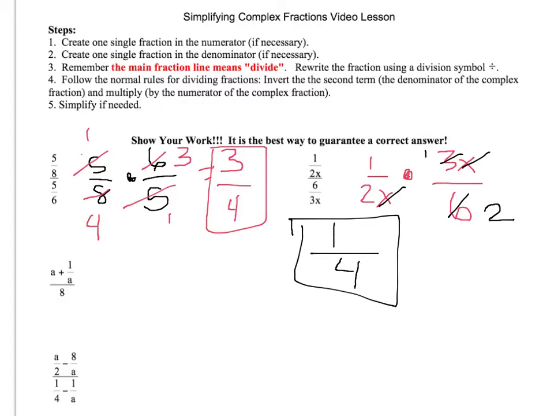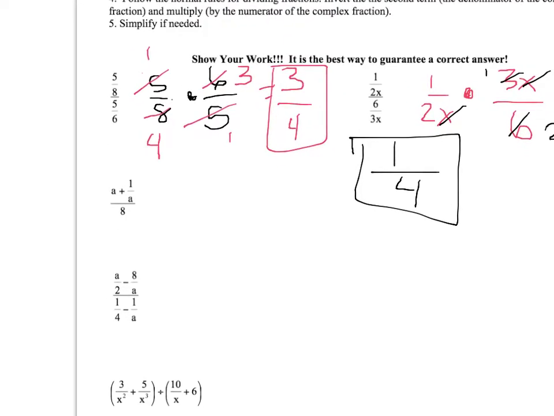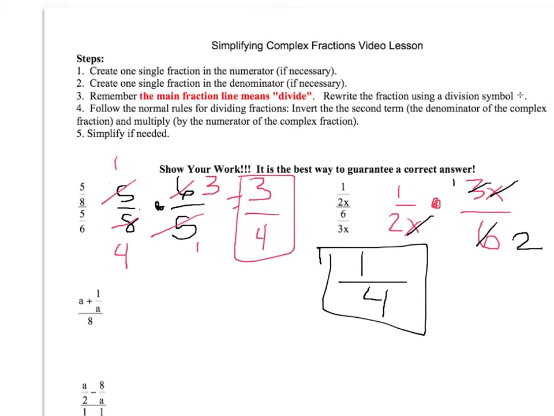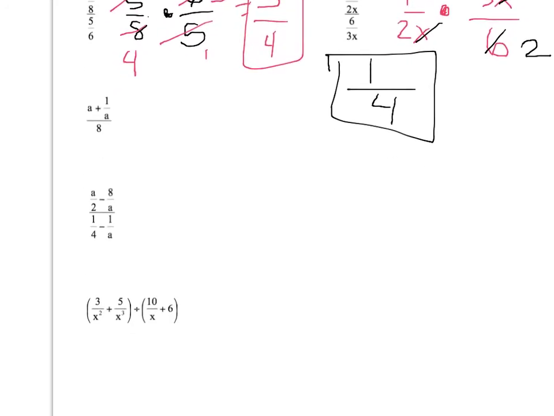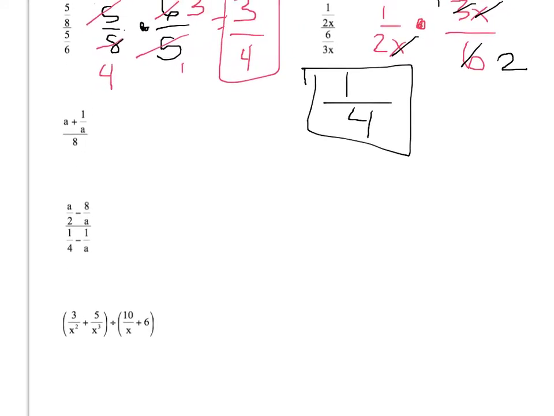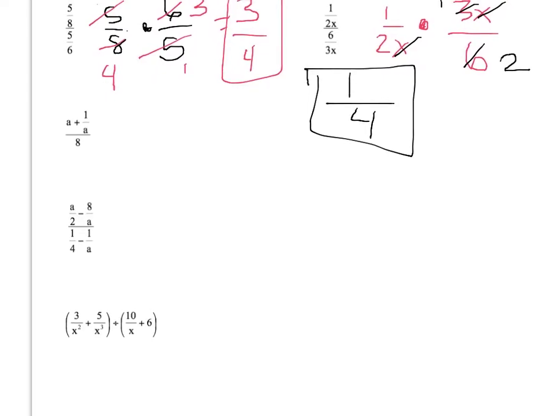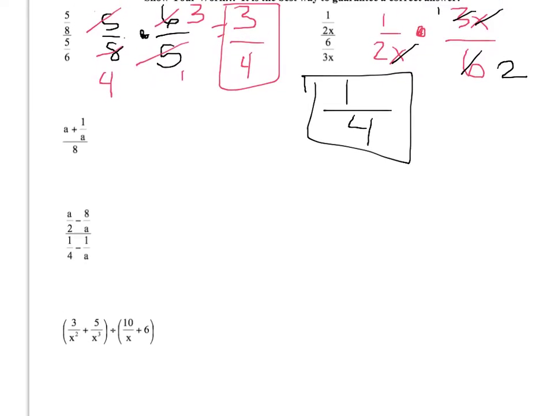For our next example, we start getting a little more difficult because we can no longer skip steps 1 and 2 that we have up here. Alright, so we have a plus 1 over a, over 8. That denominator is just one piece. We're okay. It's that numerator we have to deal with. You can call that a over 1 as opposed to just an a.